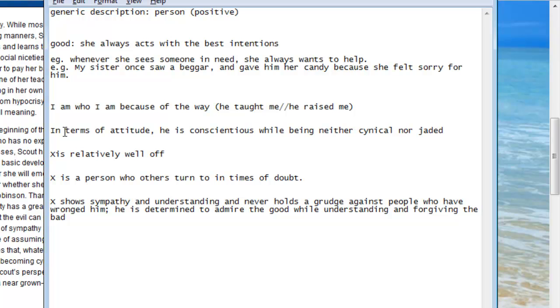Conscientious, or not conscientious, while being neither cynical nor jaded.